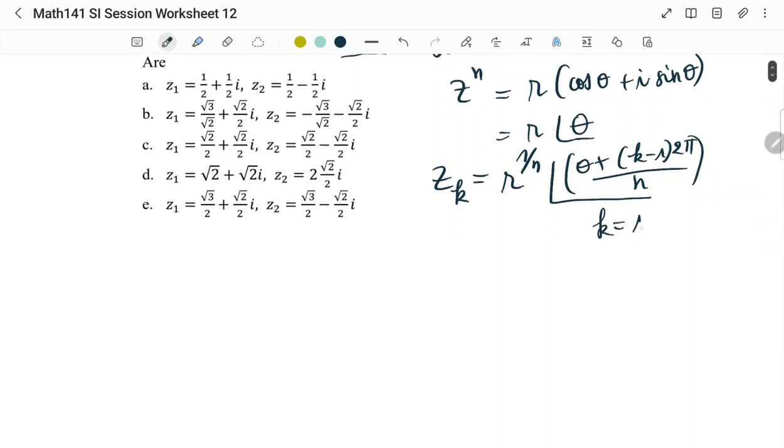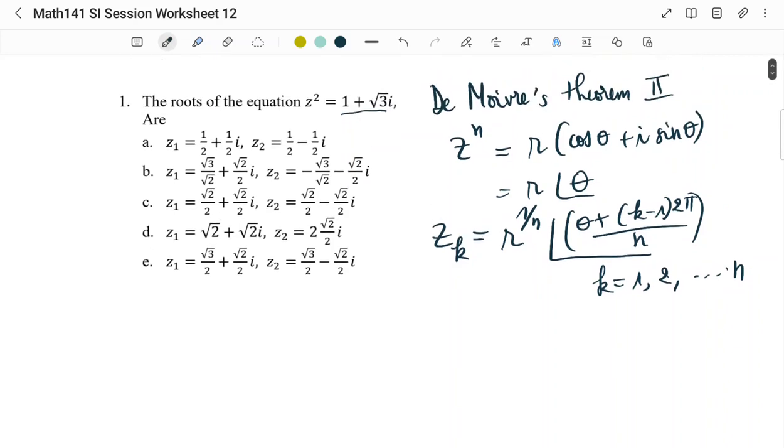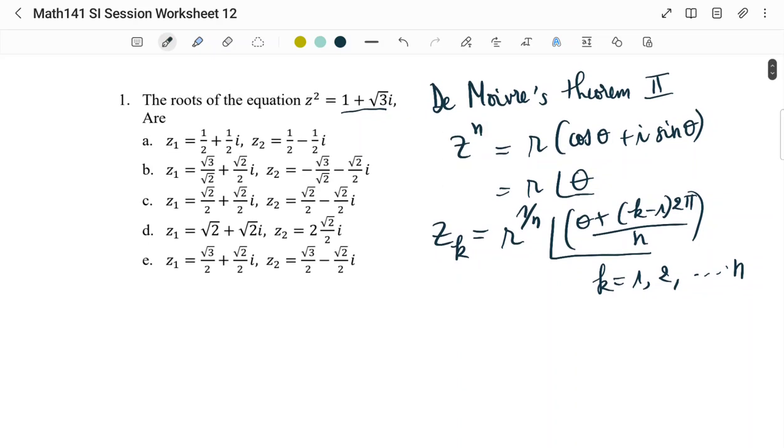And k will go from 1 all the way to wherever n ends. So n will really tell you how many roots you're looking for. So if n is equal to 2, that means that you're looking for 2 roots, right? Okay, so let's apply this to this problem and see where we go.